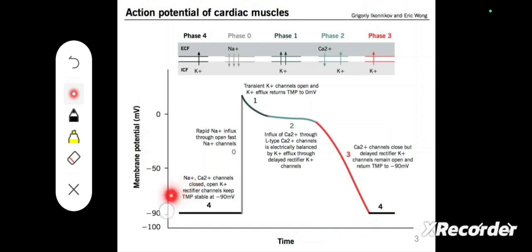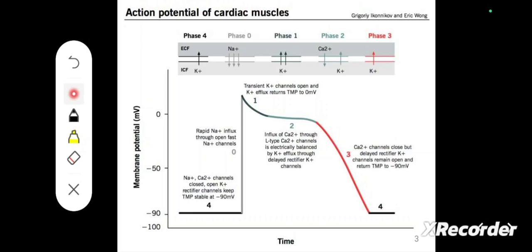These positive ions, sodium and calcium, leak from one myocyte to another adjoining myocyte and bring the membrane potential of this cell up to the threshold potential, approximately minus 70 millivolts.